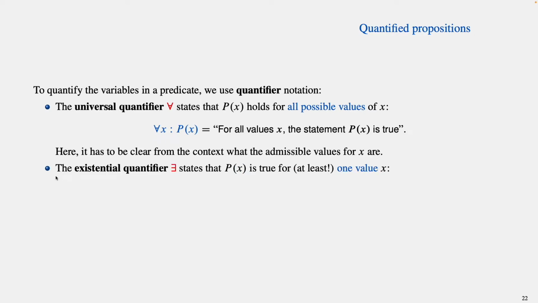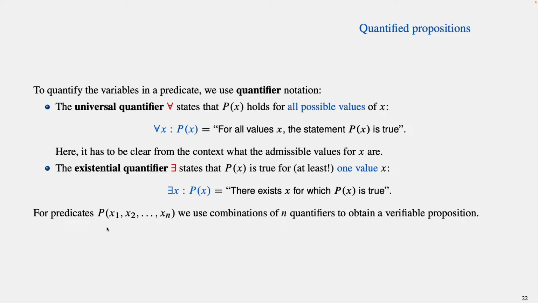Our second quantifier is the existential quantifier, which is a mirrored E, and it states that P of x is true for one value x at least. So we write it as there exists an x such that P of x, there exists x for which the statement P of x is true.